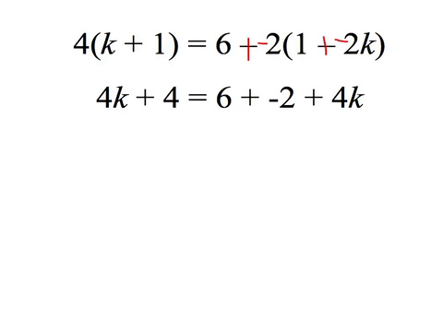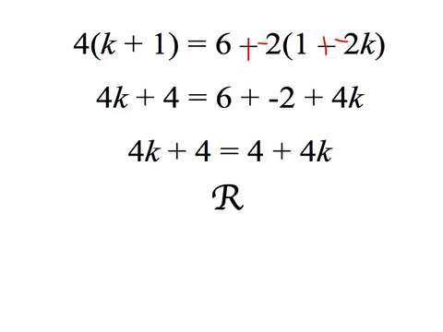We now combine like terms. The 6 and the negative 2 makes 4, and now we've gone far enough. It's clear that 4k plus 4 is equal to 4 plus 4k. If you want to go to the trouble to add negative 4k to both sides, you can. But this one is clearly an identity, so we'll stop here. We'll put the script R that tells us that all real numbers are solutions to this problem.